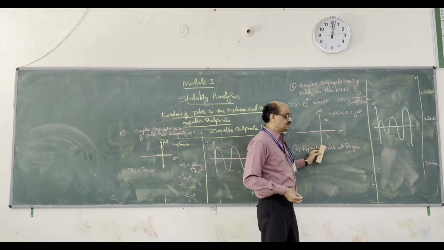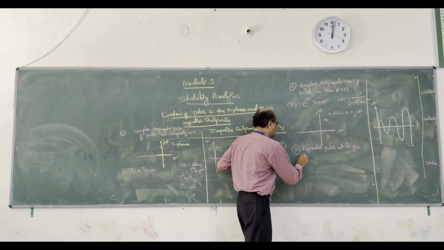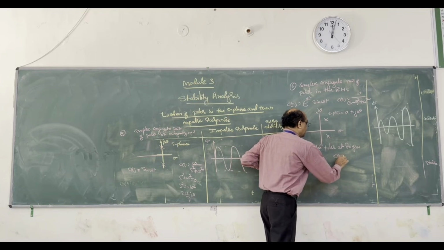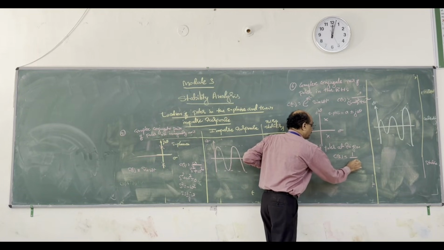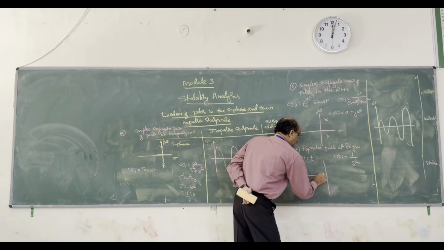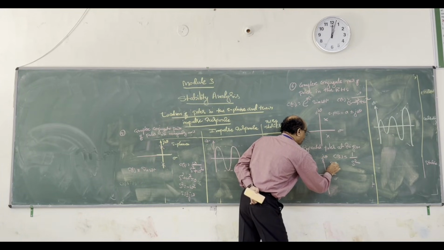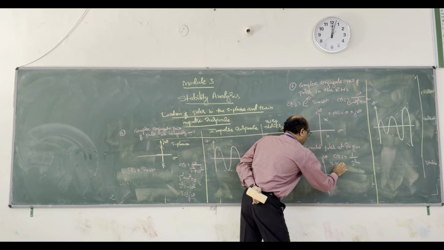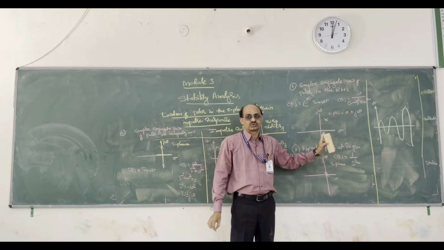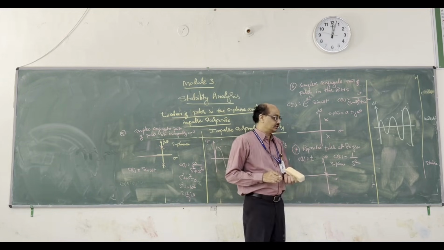So if there are repeated poles at origin, this is possible when c of t equals t. So that means I have C of s equal to 1 over s square. Repeated root, so we locate that in the S plane. Two poles are written at origin.